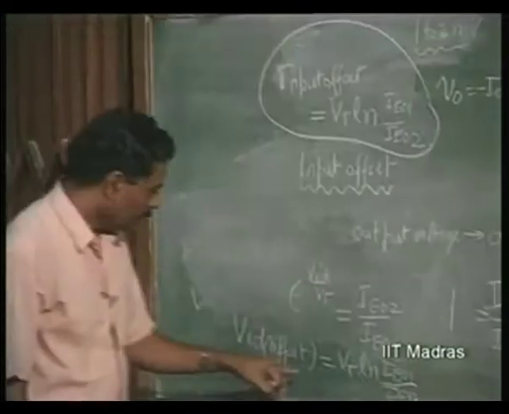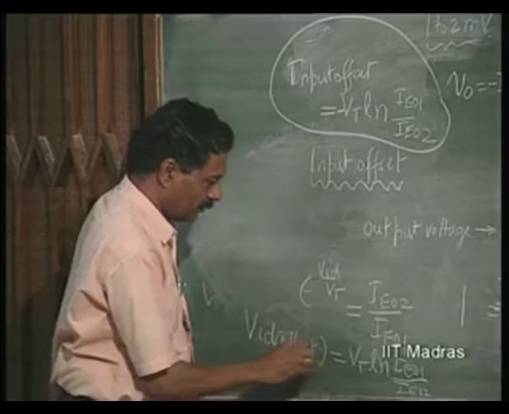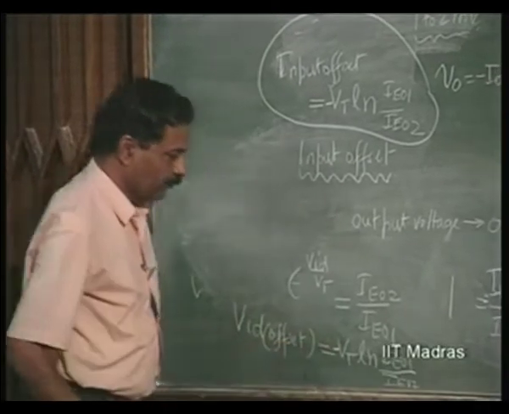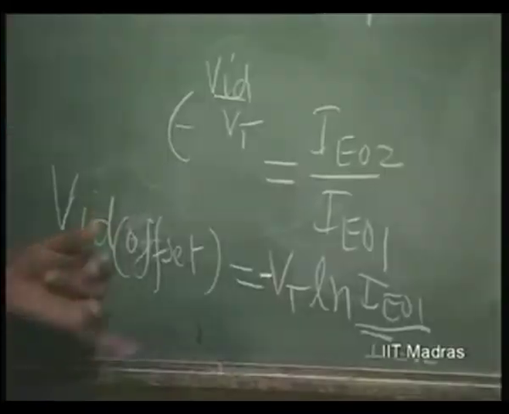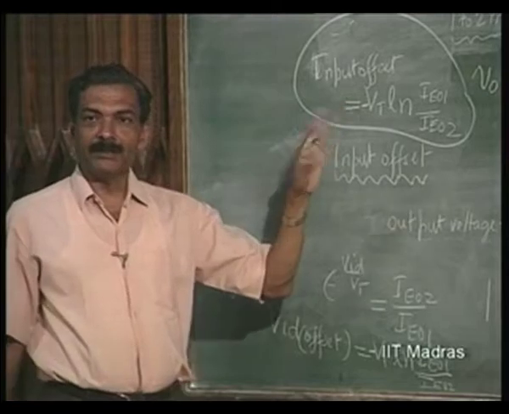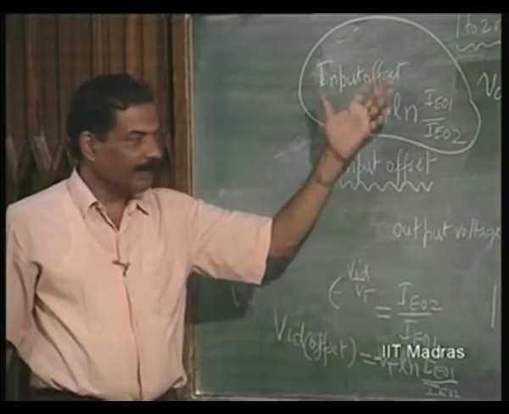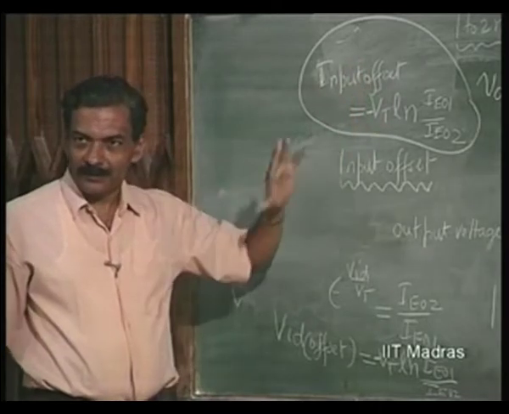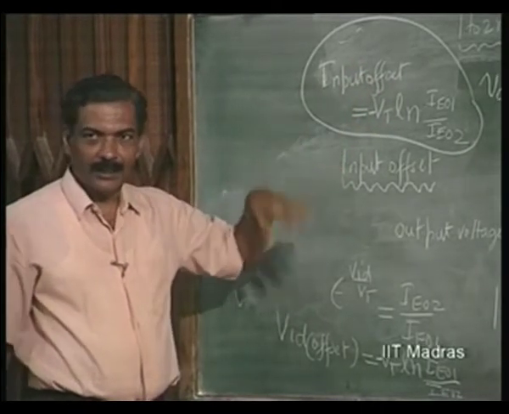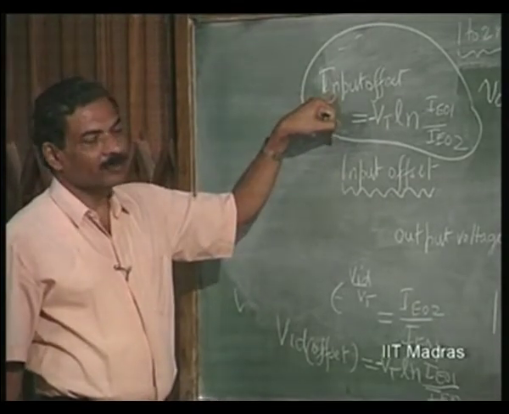Or the offset voltage is minus VT log IE02 by IE01, which only changes the sign. So, the sign can be positive or negative, that is of no consequence, depending upon whether IE01 is greater than IE02 or less than IE02, because we have not said which is really the input offset.